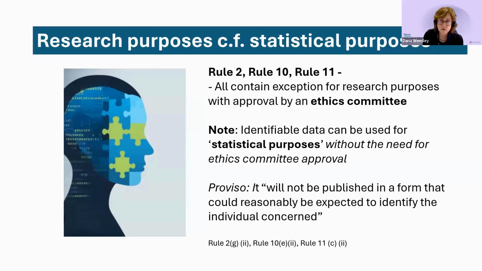So as we've seen, Rule 2, Rule 10 and Rule 11 all contain the exception for research purposes with approval by an ethics committee. But identifiable data can be used for statistical purposes without the need for ethics committee approval, with the proviso that we're seeing as a common theme throughout the code is that it will not be published in a form that could reasonably be expected to identify the individual concerned.